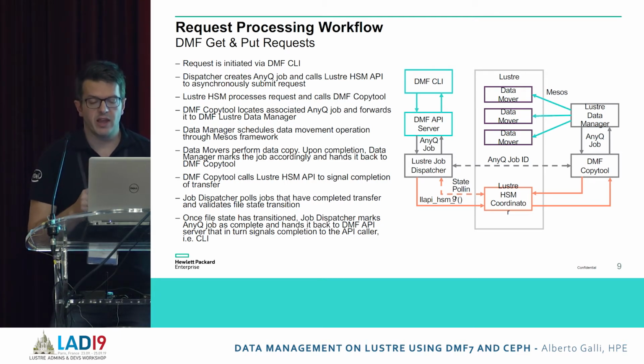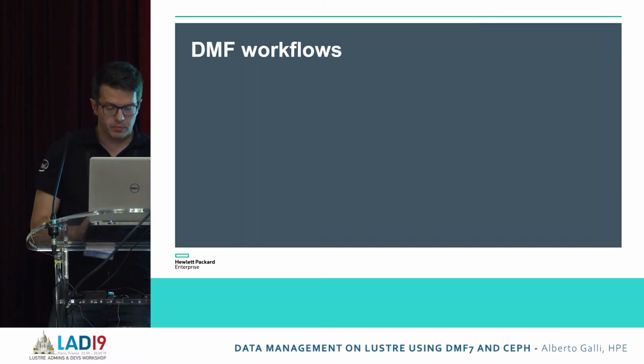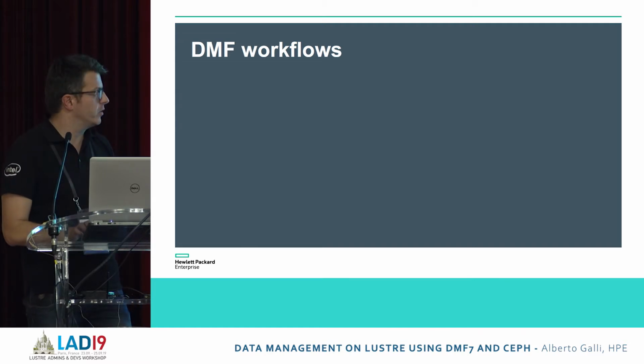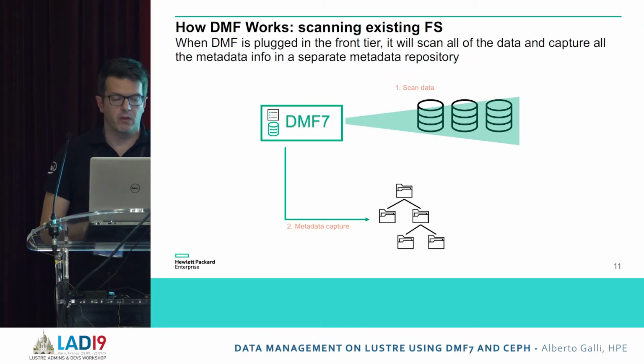And then, by the way, it will spawn the data mover to move data back and forth, and then come back to the copy tool and back to Lustre again. Okay, a little bit more complex, but the main idea is we really work around the copy tool.